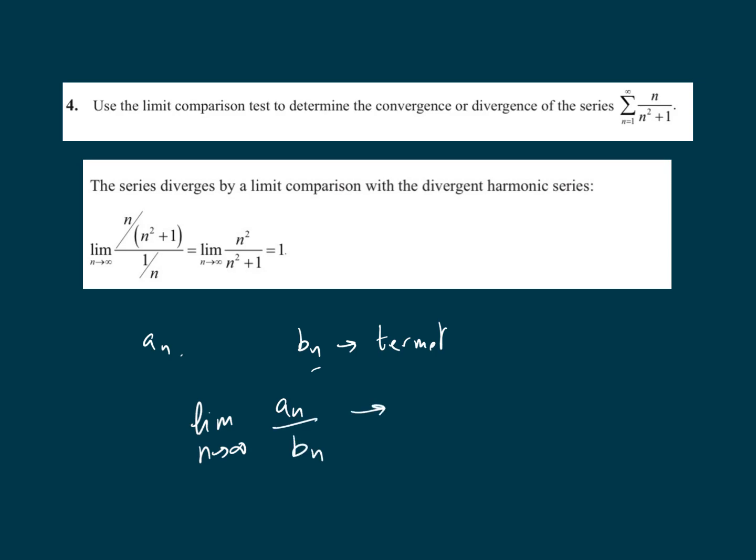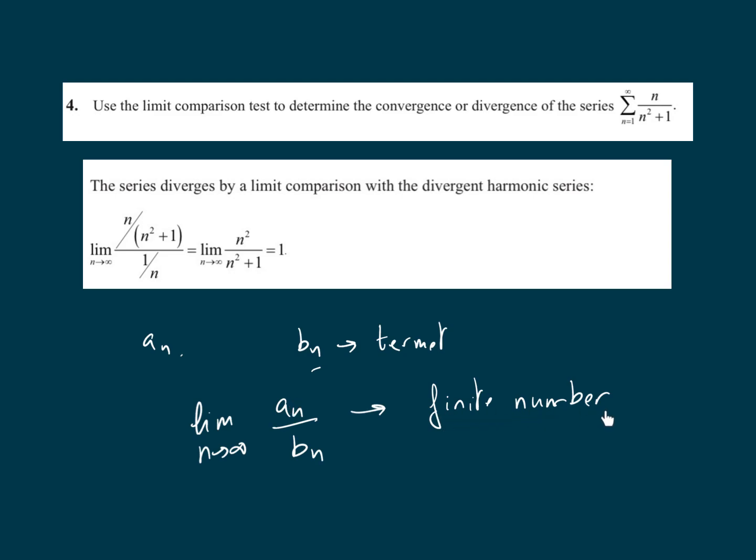If this limit is a finite number, meaning that it is not infinity, and V sub n is convergent, because V sub n is your thermometer, you know that it's convergent, then A sub n is convergent.